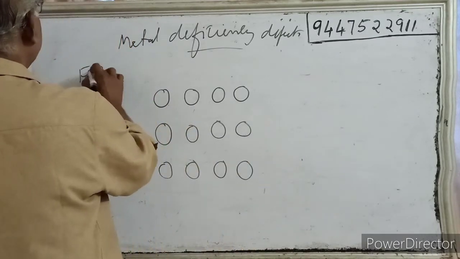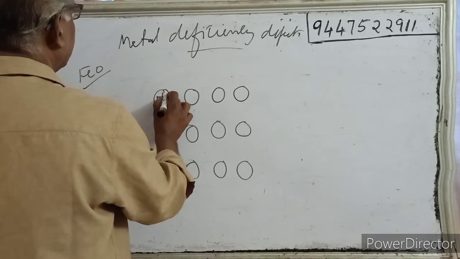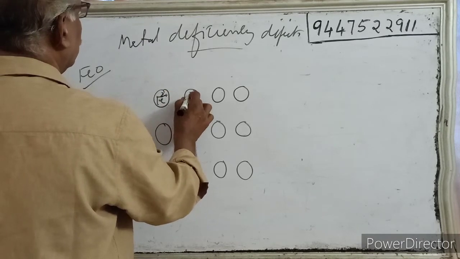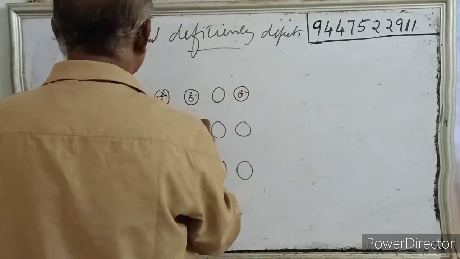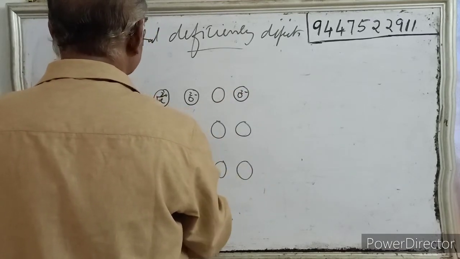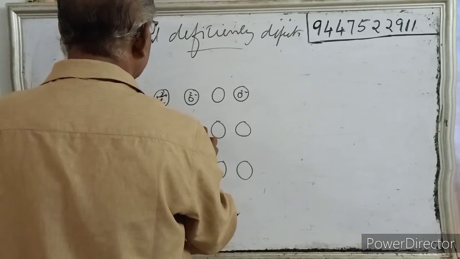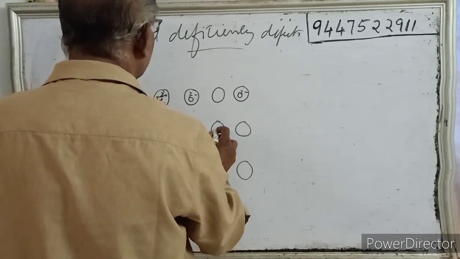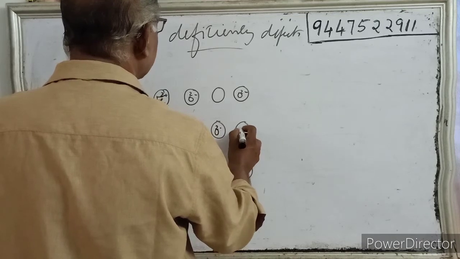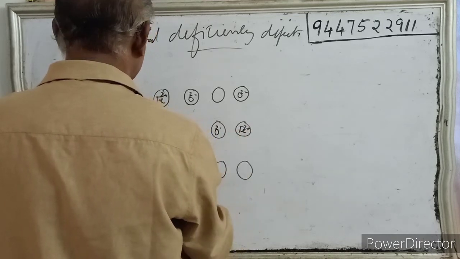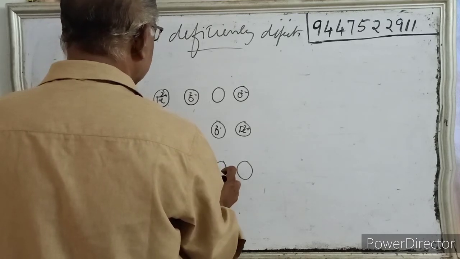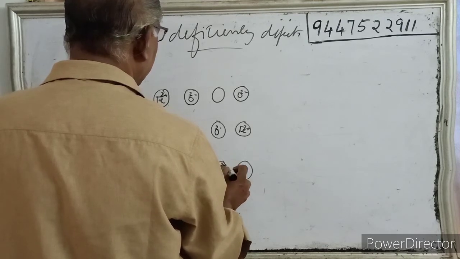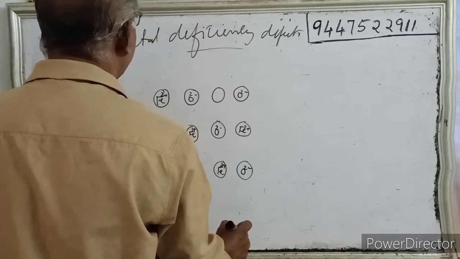Consider iron oxide, FeO: Fe2+ ion, O2- ion, Fe2+ ion, O2- ion, O2- ions, Fe3+ ion, O2- ions, Fe2+ ions, Fe3+ ion, O2- ions, Fe2+, O2-.